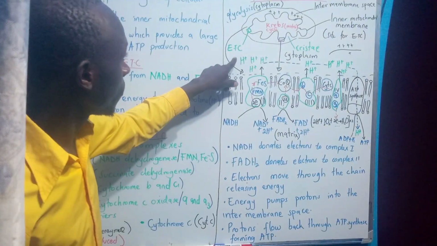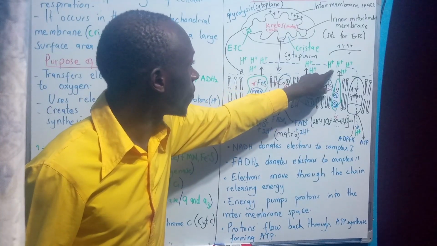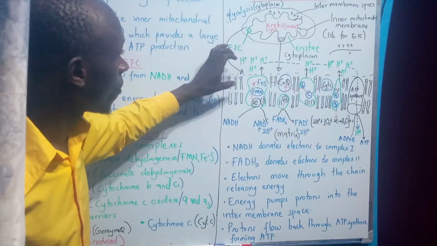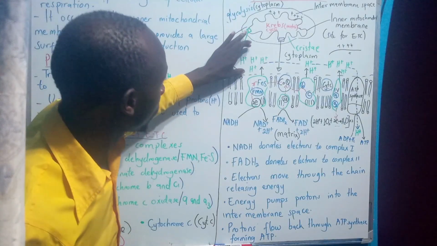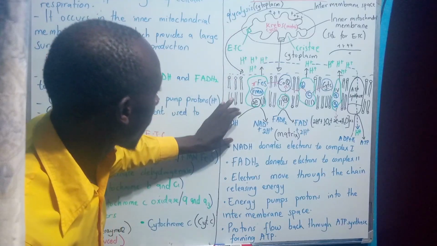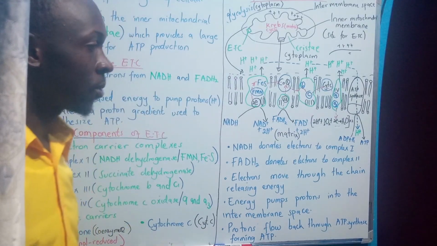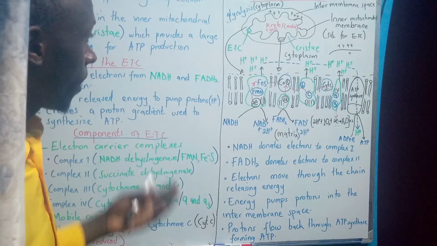So if we have 4 hydrogen ions out here, 2 of them, and then 4 of them, in total creating 8, that alone creates an electrochemical difference, or a potential difference, because we have more positive here and less positive or negative on this side. That alone creates a potential difference, of which we are going to have electrical energy generated.